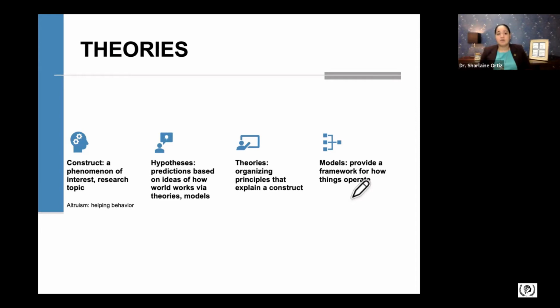Now, I also talked about hypotheses. Hypotheses are just a prediction. They are a prediction on how that theory will work, right? So for example, I have an idea, and how is this information going to go? What am I expecting from those findings? Now, theories generally organize principles.